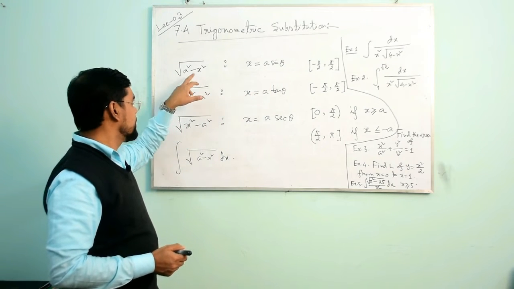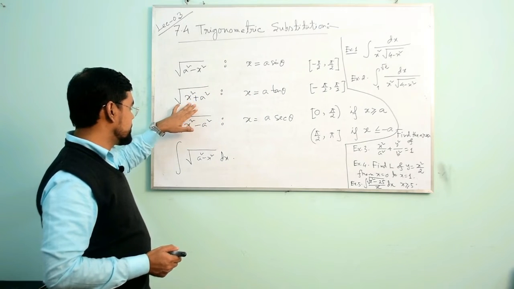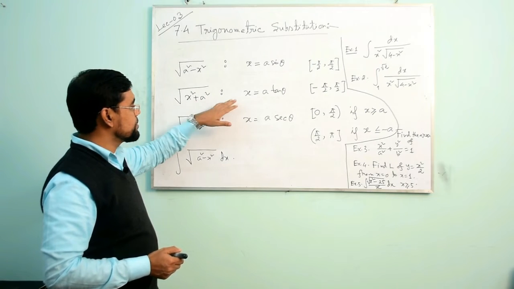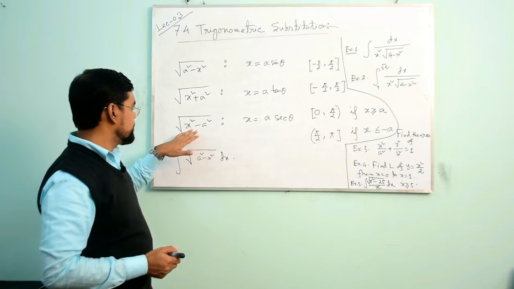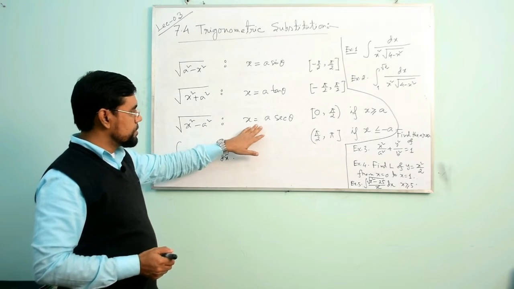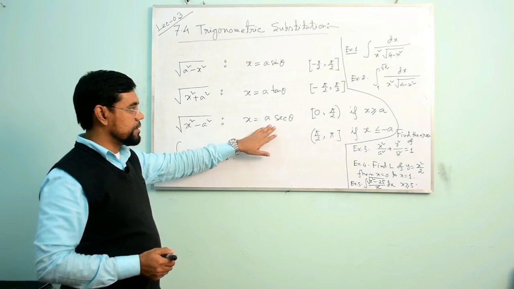If it involves this type of radical, you need to substitute x by a tan theta. And if it involves this type of radical, you need to substitute x by a sec theta.